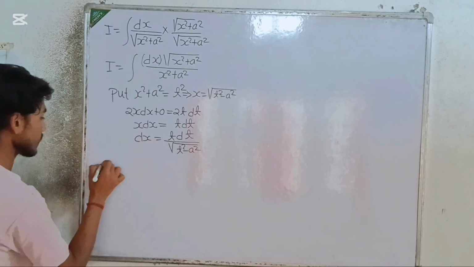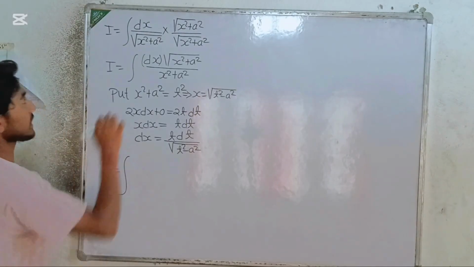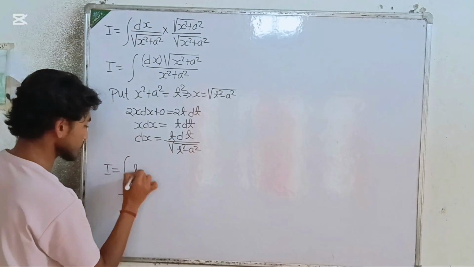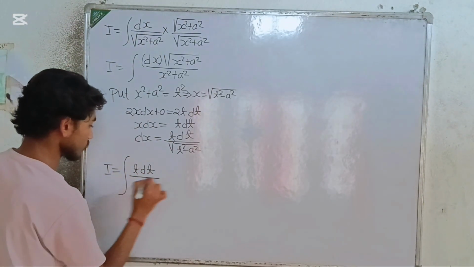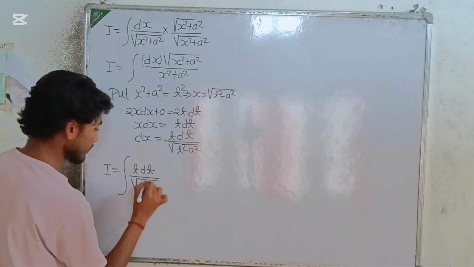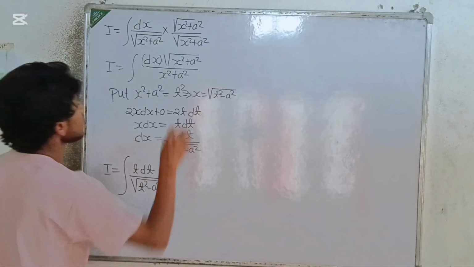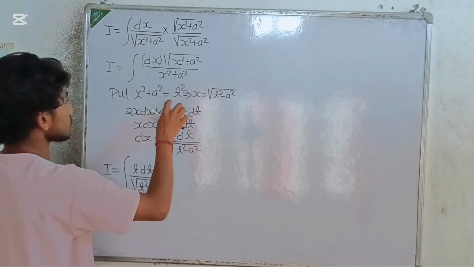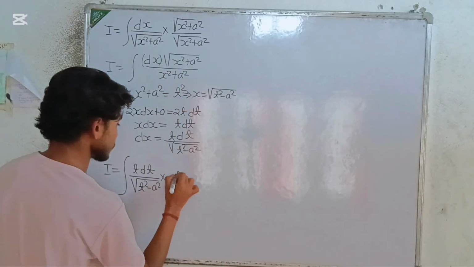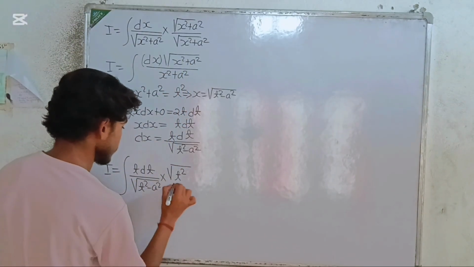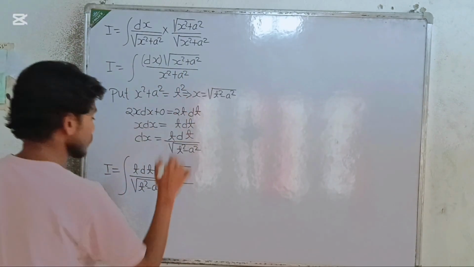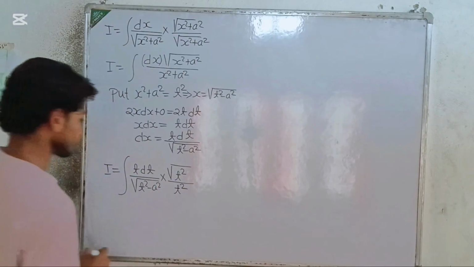So my integral is going to look like the integral of t dt over the square root of t squared minus a squared, into, in terms of the square root of x squared plus a squared, this is t squared.